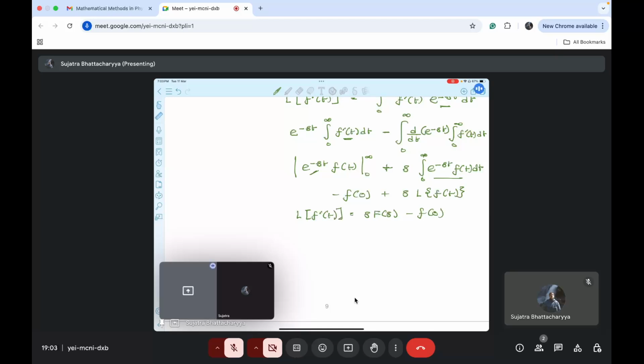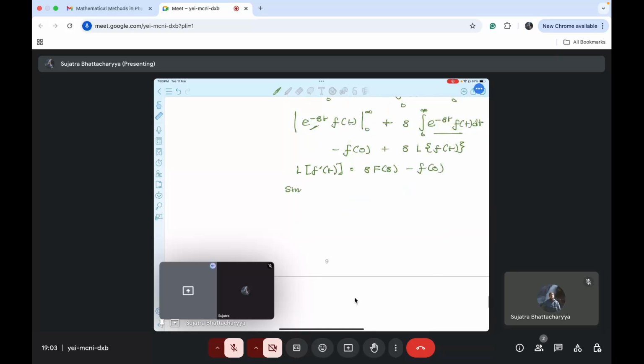This is the first derivative. But if you do similarly, if you perform the second order derivative, that is what you require, because for the ODE you don't need to go to much higher orders. So L of f double dash t will be equal to s square F(s) minus f dash of 0 minus s f of 0.